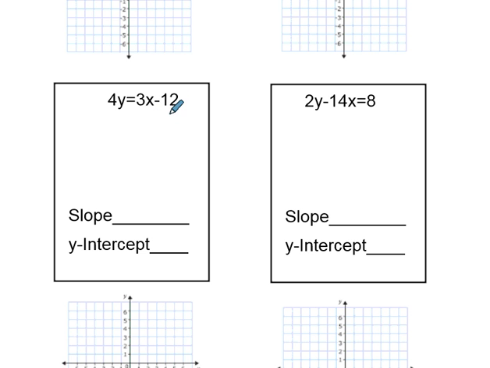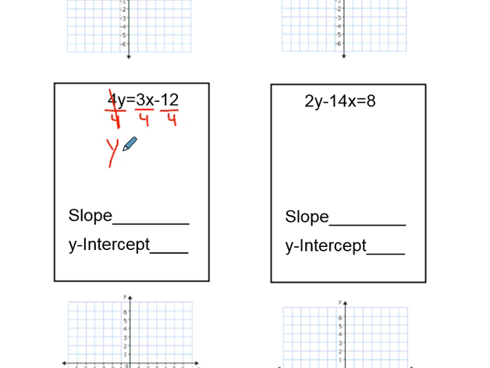However, if they're not in the proper form, as these next examples are not, you'll have to do a little bit of algebra before you can pick out the slope and the y-intercept. So let's do that algebra first. Here I have 4y equals 3x minus 12. Be very careful, because 3 is not your slope and -12 is not your y-intercept, because the y is not all by itself.